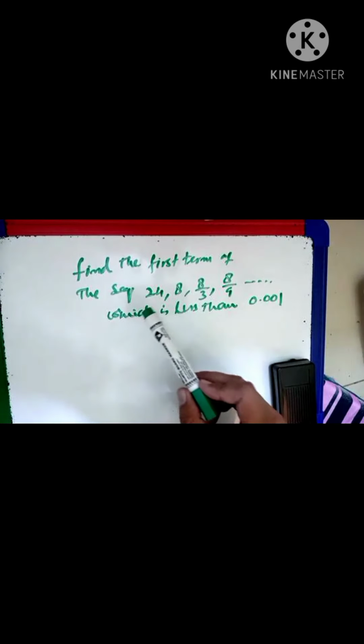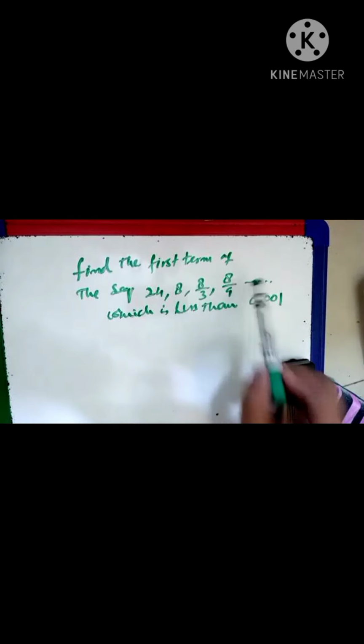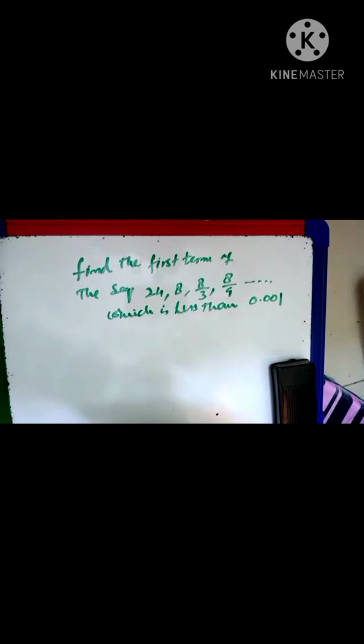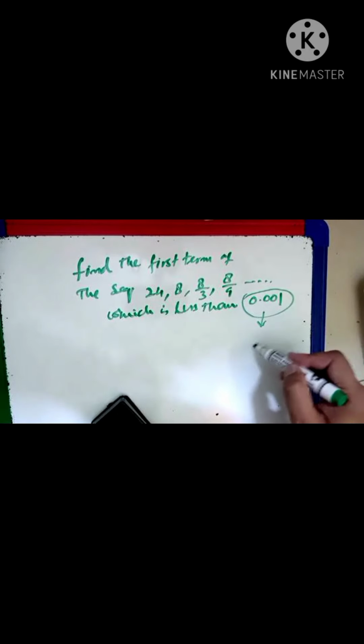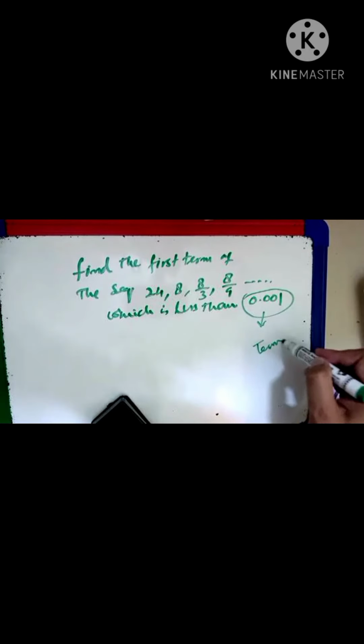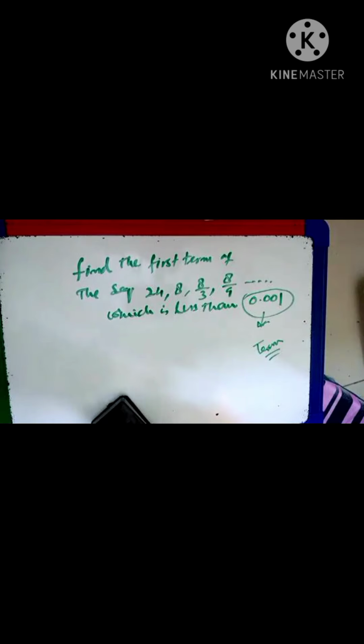But whenever the sequence starts, this is the first term, because I am giving it like that, right? You have to find when this term reaches this number. What is that term? Sorry, not first term. What is that first term when it reaches this term? You will find this.